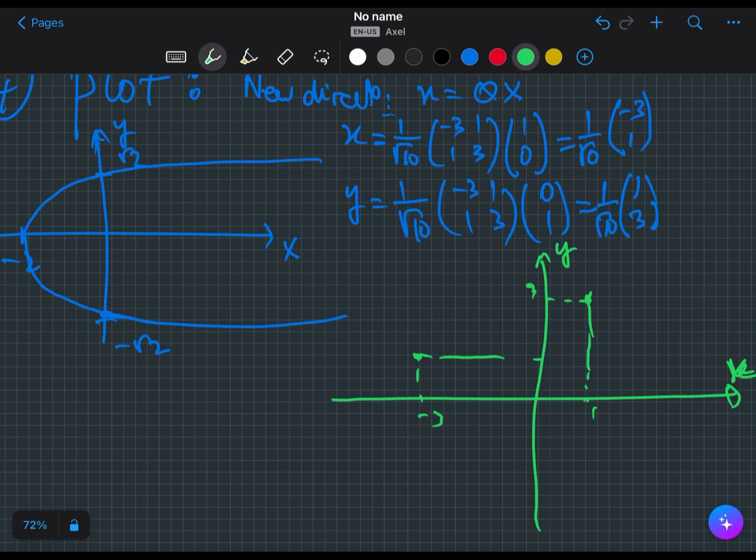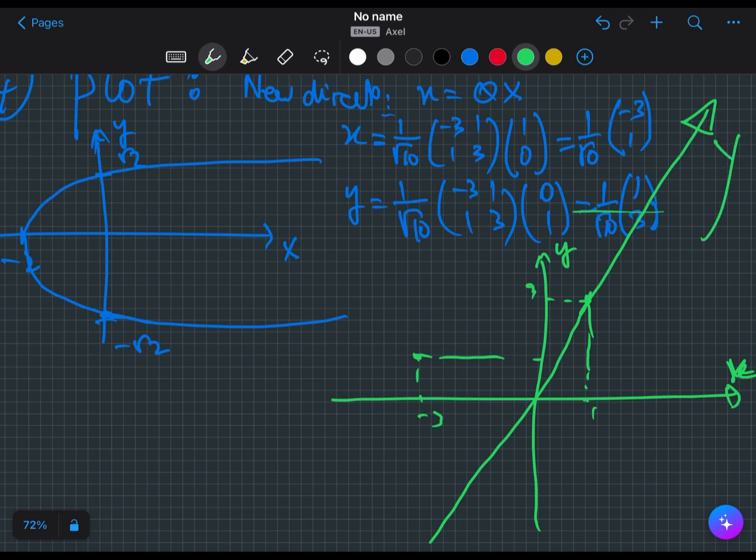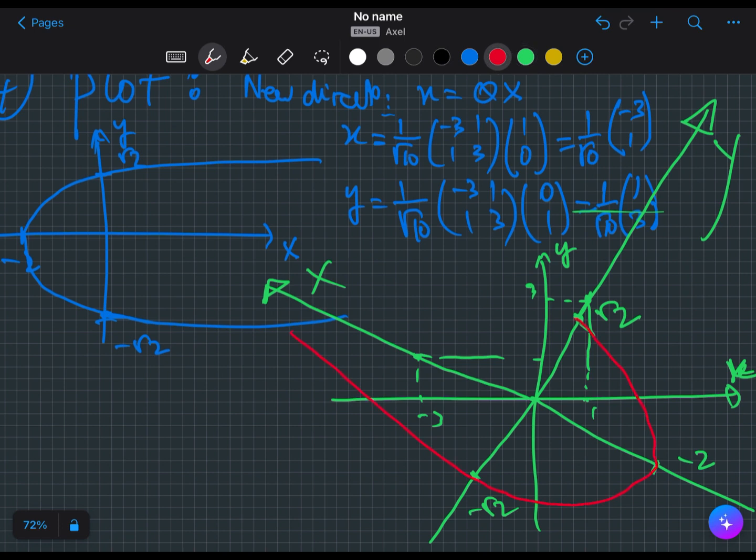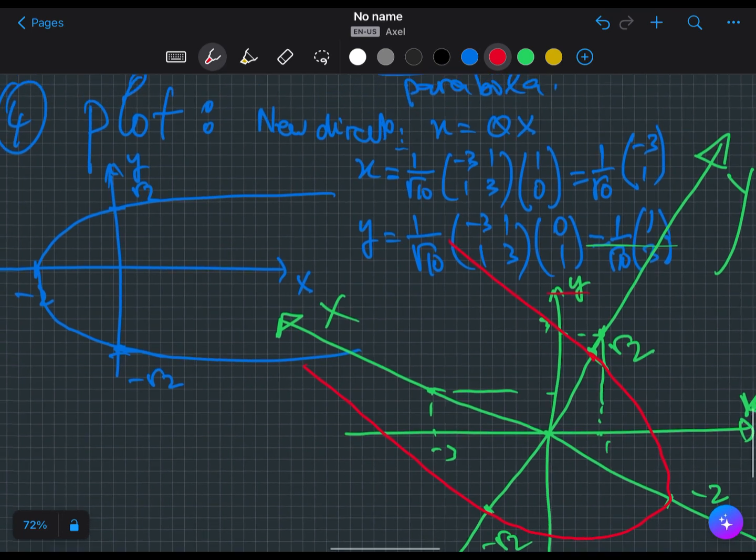So my new axis will come this way. This will be y', and this will be positive x'. And then I have minus 2, and somewhere here will be square root 2 and minus square root 2. So it will be something like this if I do it in red. Okay, so this is also my new curve.